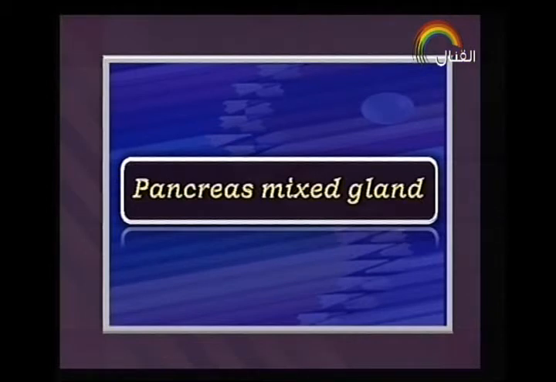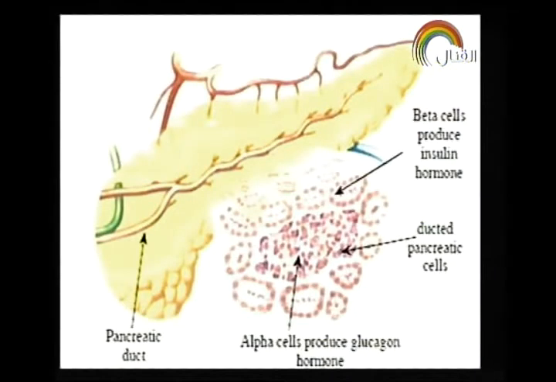Exocrine glands secrete the secretion inside a body cavity or outside, like the sweat gland. But if the gland has two functions, to secrete inside your blood directly and outside the body or in the body cavity, you call it what? Mixed gland. The most common example that we have is the pancreas.